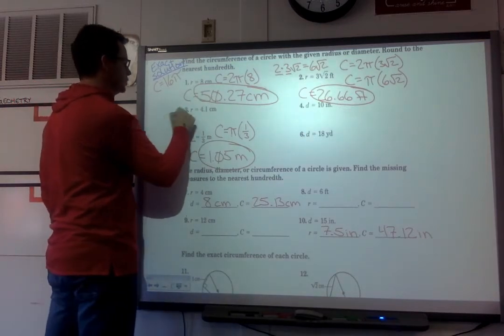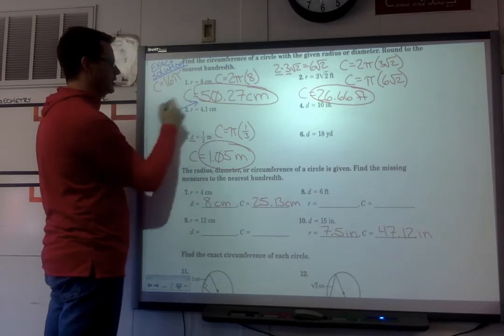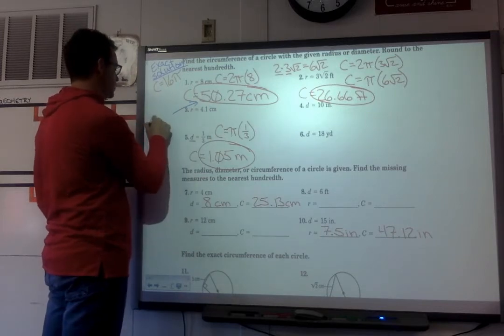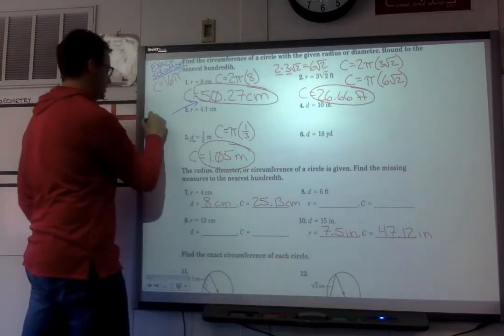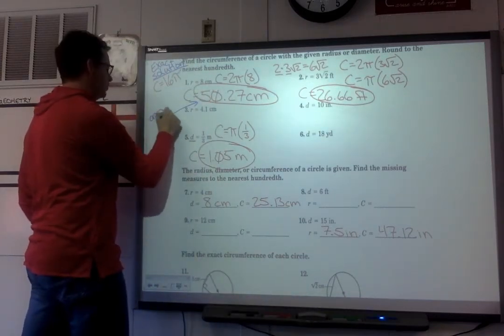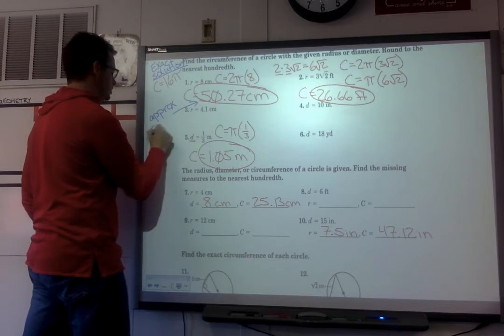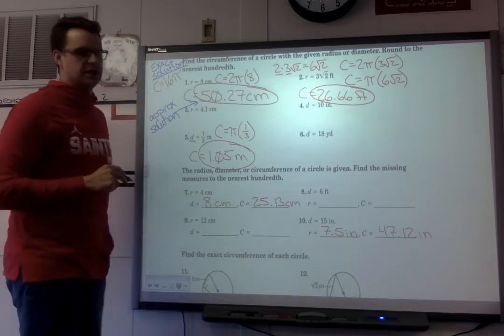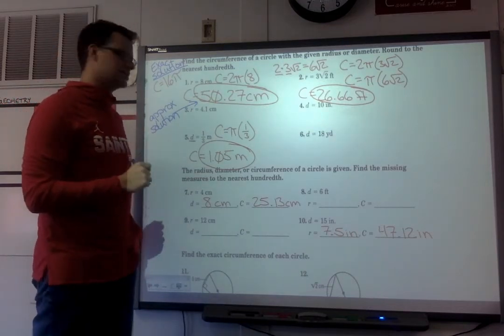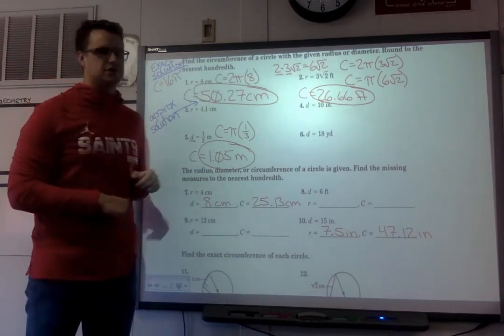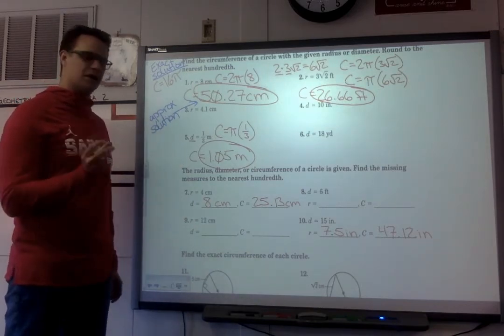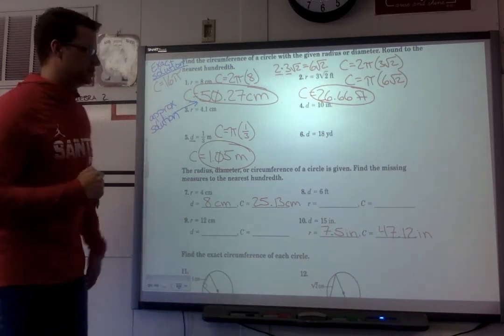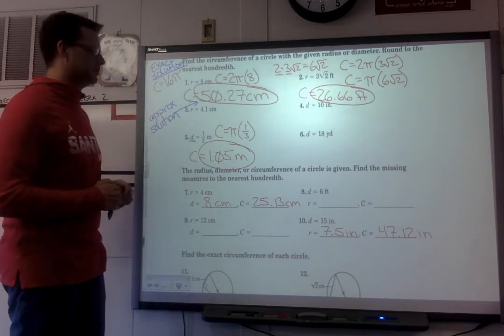Once we plug it into our calculator and round it to the nearest hundredth, this is what we would consider an approximate solution because it has been rounded, which means it is no longer the exact solution to the circumference of this circle. When you round, even if it's just barely changing the answer, it changes it from the exact to the approximate solution.